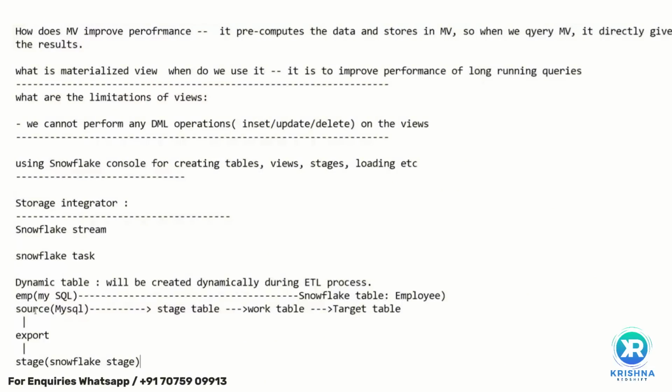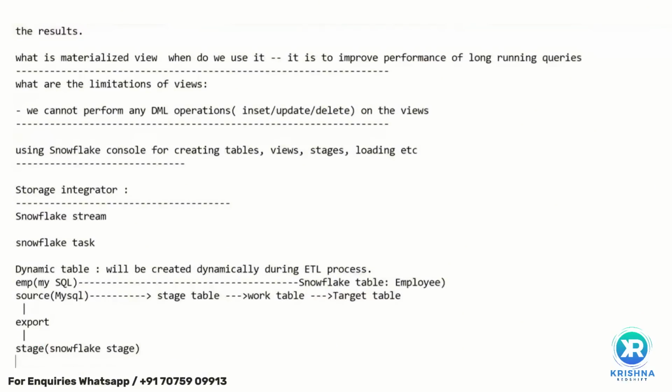Any data coming from the source has to first land in the stage. Every platform has one storage layer, and in Snowflake, the storage is the stage. So from source we do export, and that export places the data in the Snowflake stage.